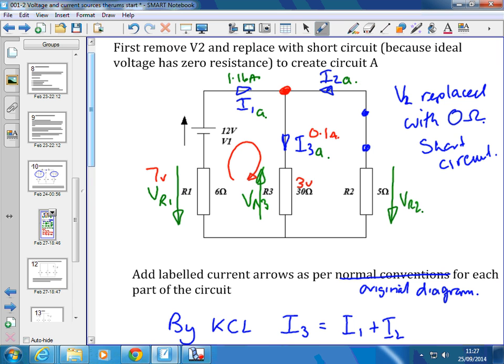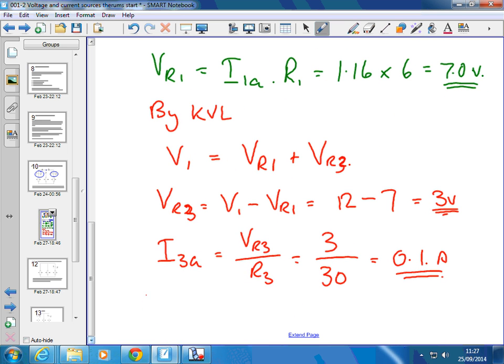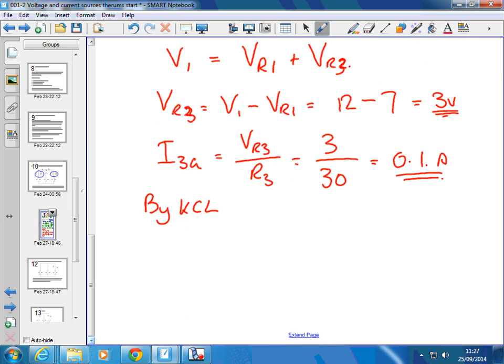We've got two currents going in, one side of the equation, one current coming out, the other side of the equation. So by Kirchhoff's current law, KCL, I3A, that we just calculated, is equal to I1A plus I2A.